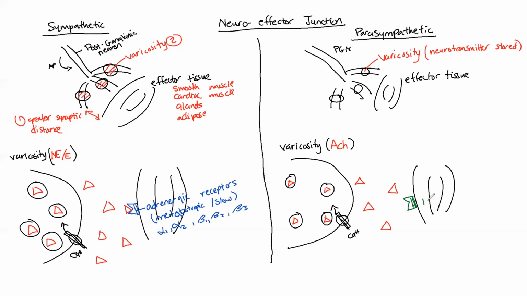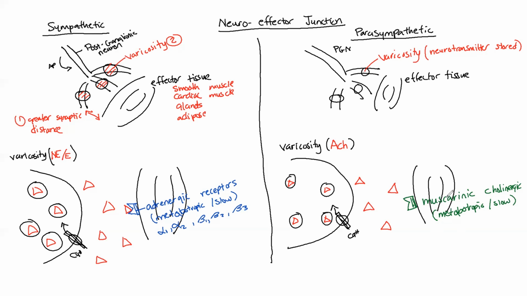So here we have our muscarinic cholinergic receptor, which is also a metabotropic or slow receptor. And although we did not speak about the mechanism of this exact response, we're not going to actually go into the details of this because it's not different from different cells.